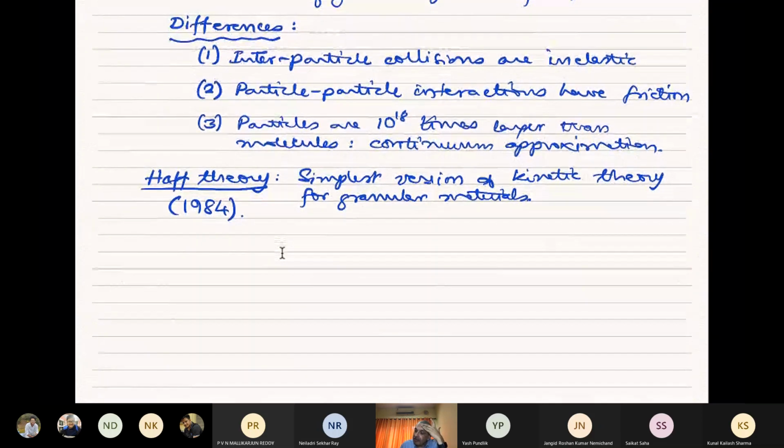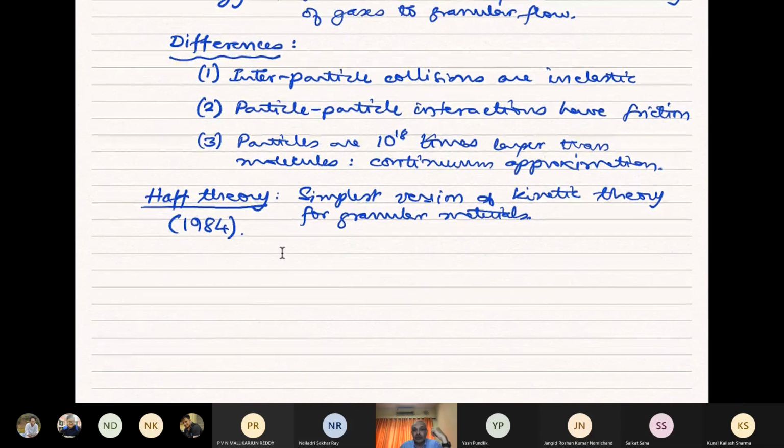There are, of course, many more theories that are available, and even now, in 2021, you will see some new papers have come out on kinetic theory of gases applied to granular systems. But this one will at least give you an idea of what are the main elements of this theory, and we'll solve a few problems because this theory is so simple. We can actually solve some problems using this theory.